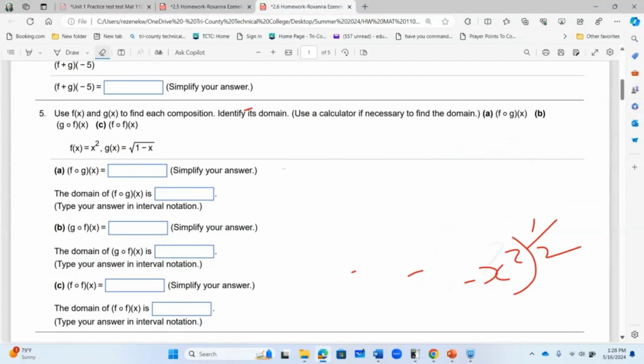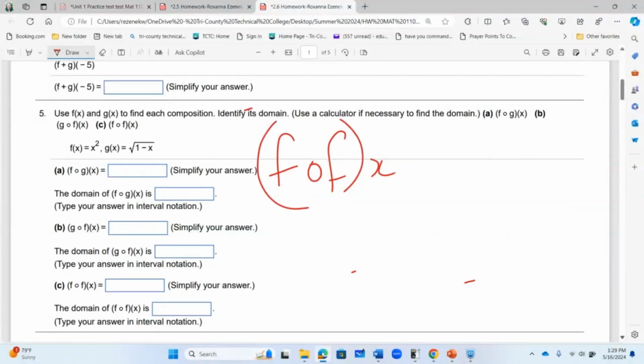Then I'll bring down the question. The question says find f composed of f of x. And then substitute f into f. That's what it is. So I will put down x squared.